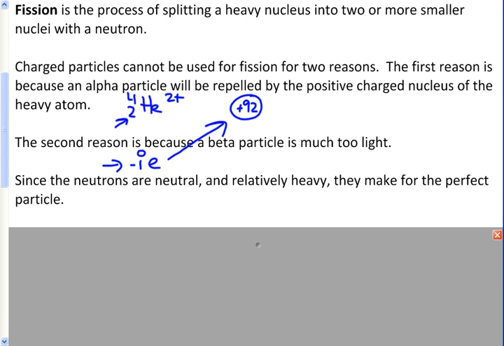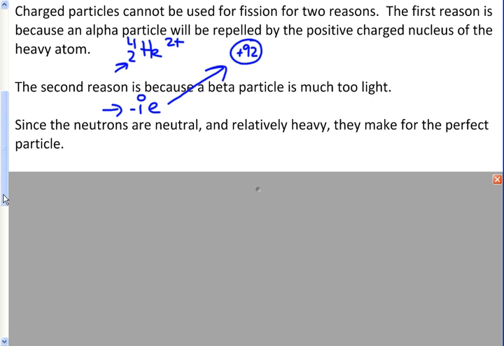Now, since neutrons are neutral, that takes care of the first problem. There is no charge, so there's no repulsion. And the second good thing about neutrons is that they're relatively heavy. They're at least on par with most of the particles inside, and therefore there is a chance to split things up. So they are the perfect particle for fission.